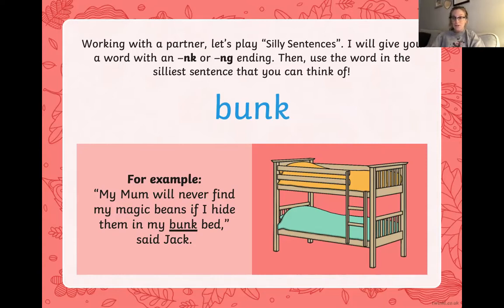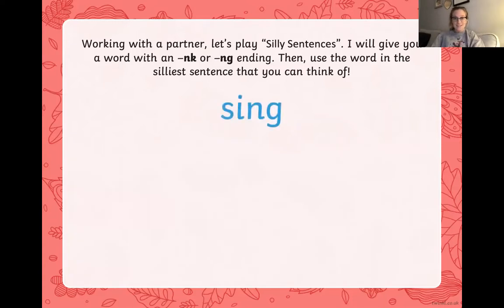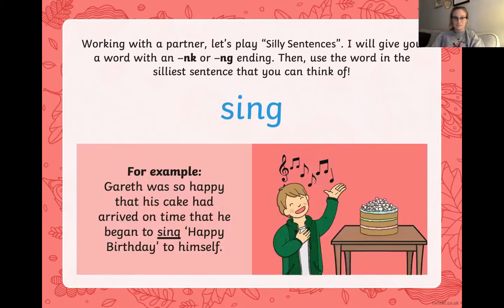Pause the video and make sure you have a go at making your own silly sentence. All right, next word is sing. For example, Gareth was so happy that his cake had arrived on time that he began to sing happy birthday to himself. Sing. I reckon you could think of a really silly sentence for sing.